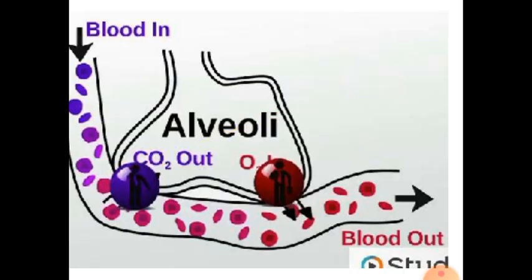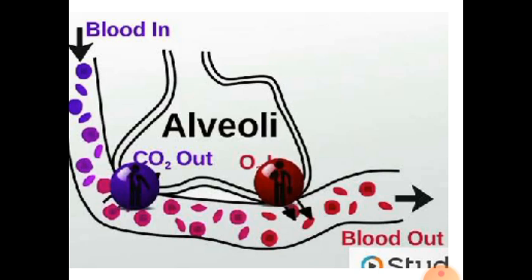Okay, here you can see a blood vessel through which blood is moving, that is called a capillary, which is around the alveoli, and these carry the oxygen away and bring carbon dioxide back.